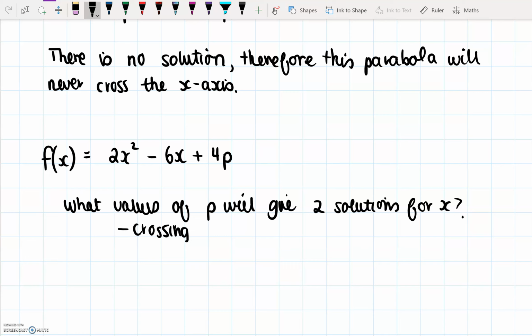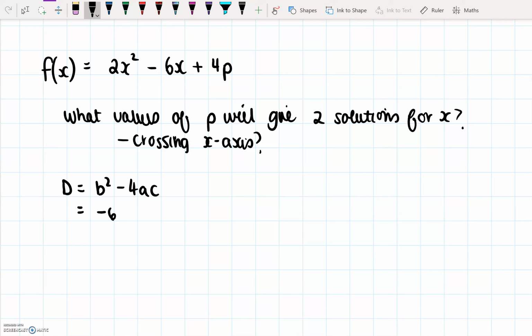All right, so again, let's look at the discriminant. D equals b squared minus 4ac. Now in this case b is minus 6, so we have minus 6 squared minus 4 times a, which is 2, times c, which is 4p.